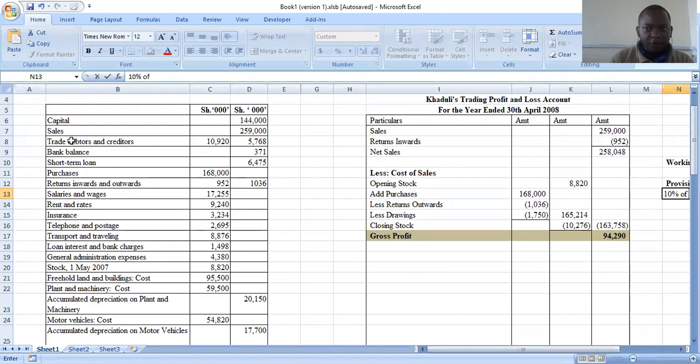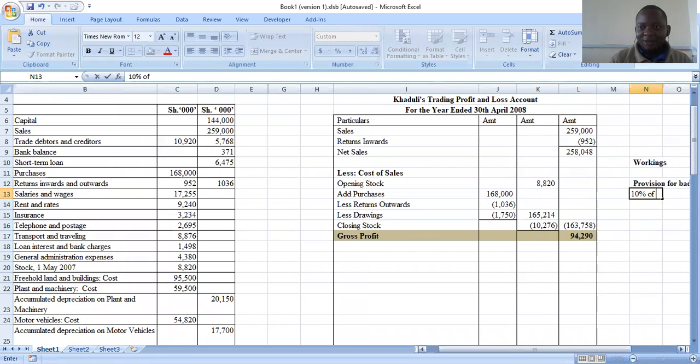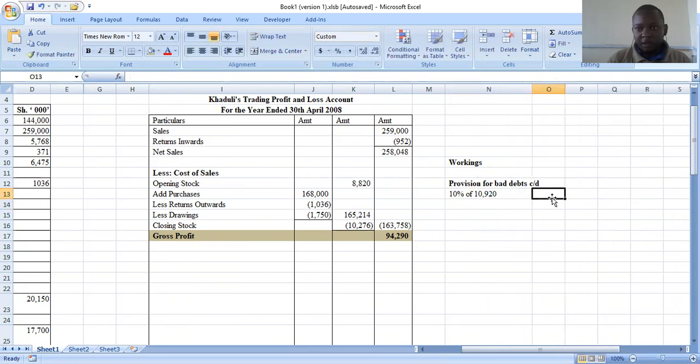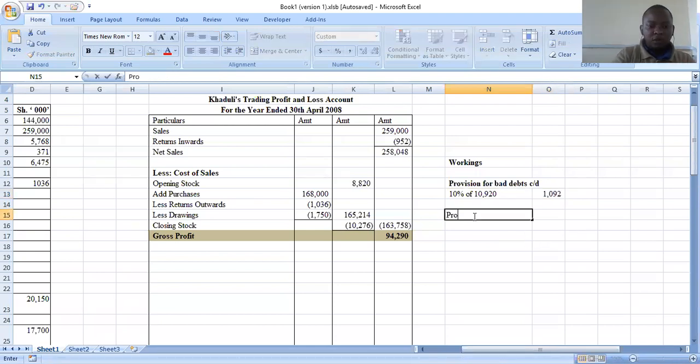In the trial balance, it's 10,920. So 10% of 10,920 is 0.1 times 10,920, which is 1092. So 1092 is now the provision for bad and doubtful debts as at the end of the year.